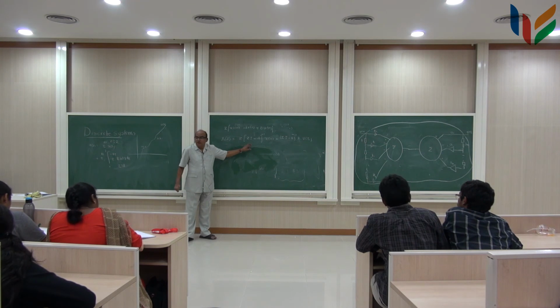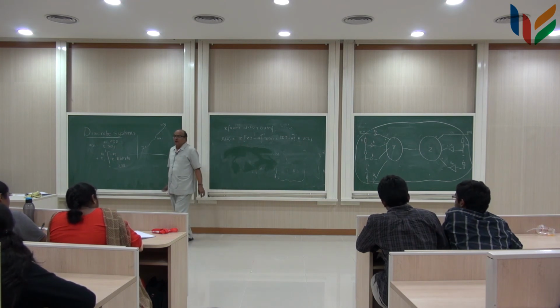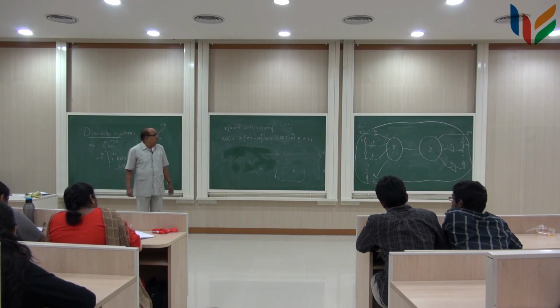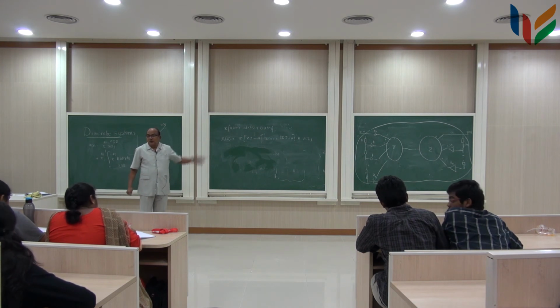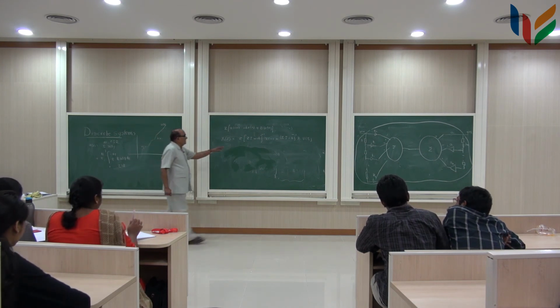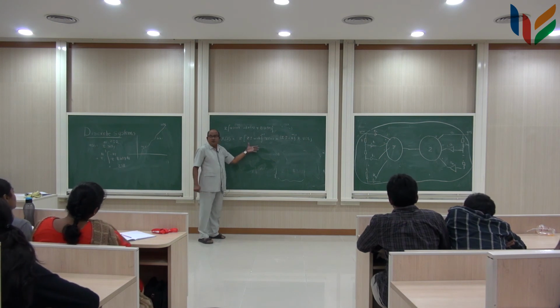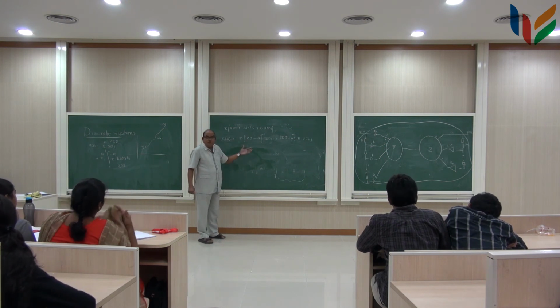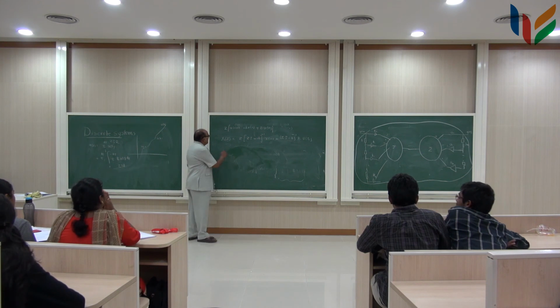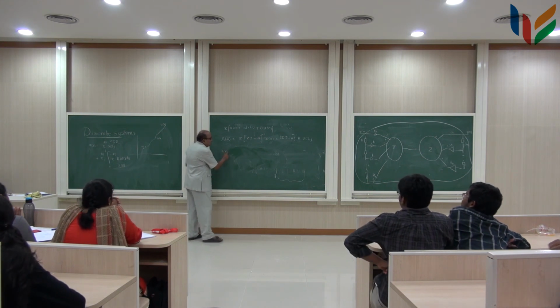Similar relation as what we had in the continuous domain, zI minus A inverse. And A is a matrix, so I can invert it. And the inverse Z transform of this will be your x of n, which we wrote here.